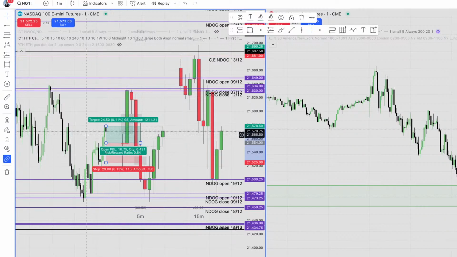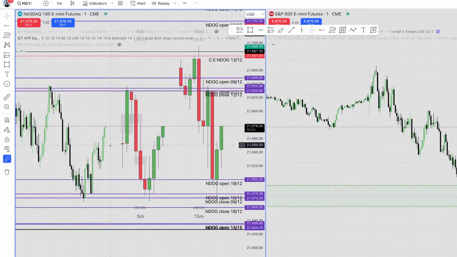But yeah, I don't like that because it's just an order block. But when you see a displacement, it's really a good sign. But I'm not sure if we're done going lower. If this price at least touched this new day opening gap, I would go, but it didn't.